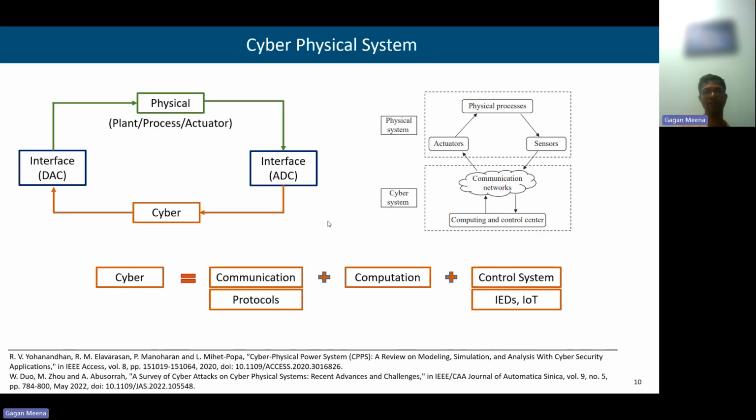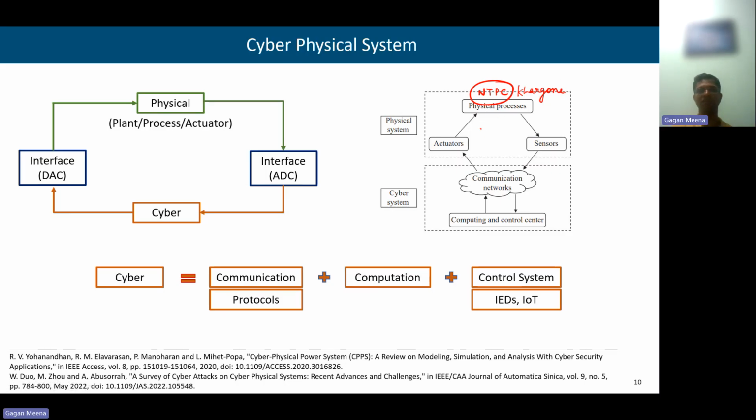So what we can see here is, let us say this is a physical process, here is a generator. Let's say some generator platform, NTPC. This is a physical process.